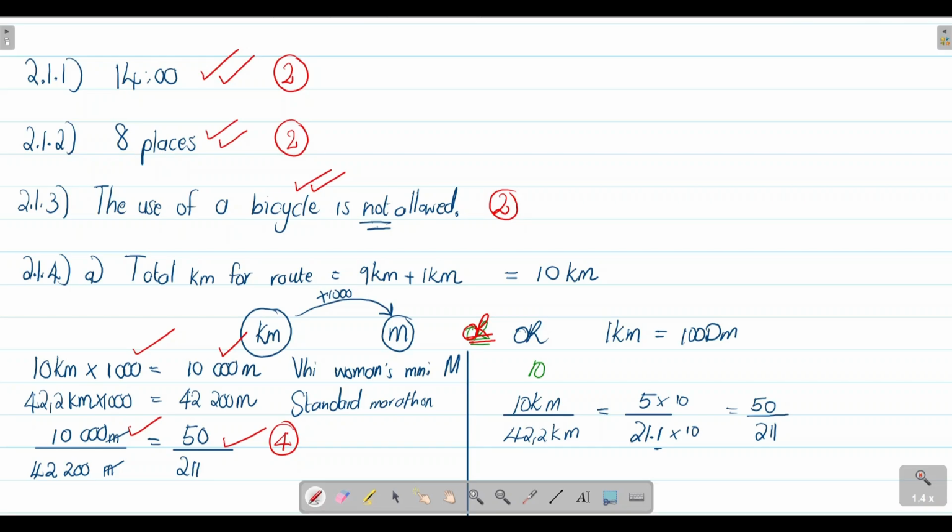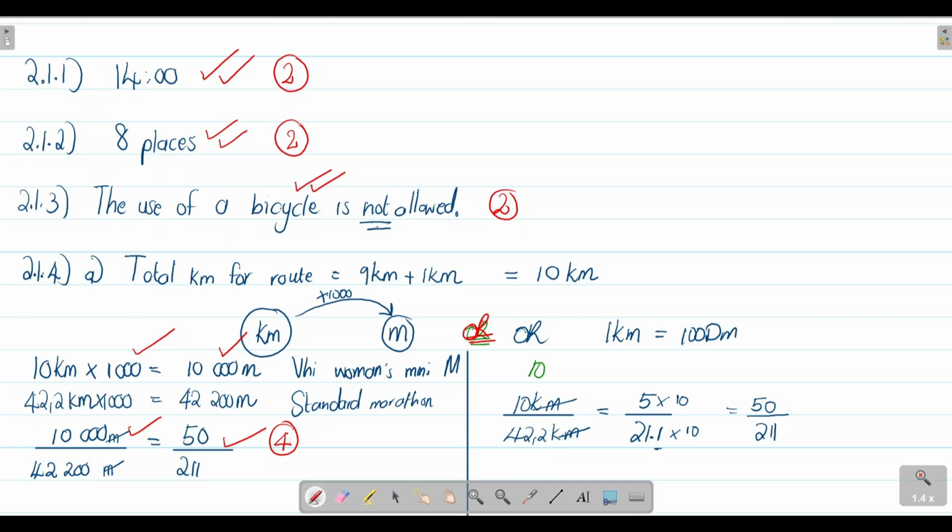The reason why I decided to approach question 2.1.4 like this is that this approach gets rid of that comma we have in the denominator, and it makes our life really simple because it takes us straight to our answer. But if you don't see it like that, and you still see that you can just divide the 10 kilometers by the 42.2, that's also fine because the units are the same, so they will cancel.